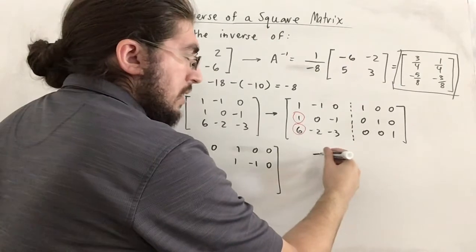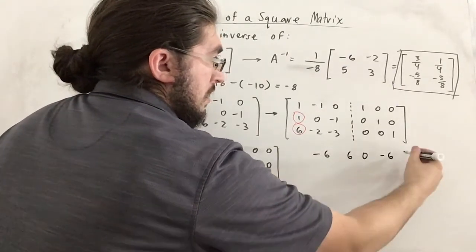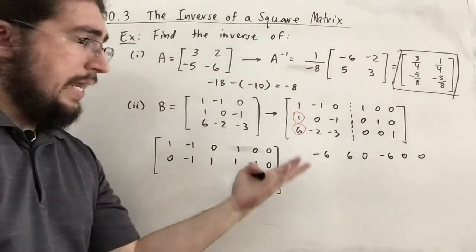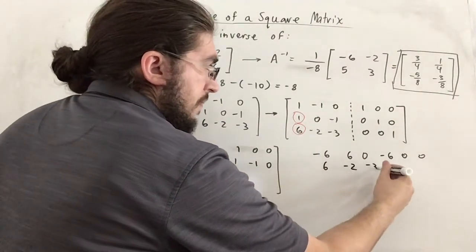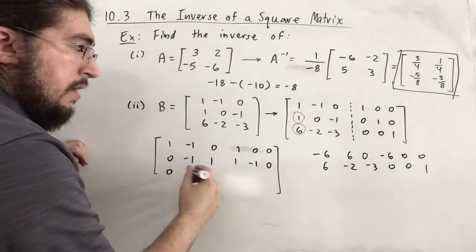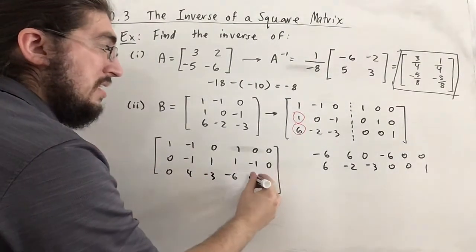So let me write that out. I got negative 6, 6, 0, 6, negative 6, 0, 0. So this is the top row, row 1 multiplied by negative 6. And now adding this to the bottom third row, our result here is 0, 4, negative 3, negative 6, 0, 1.